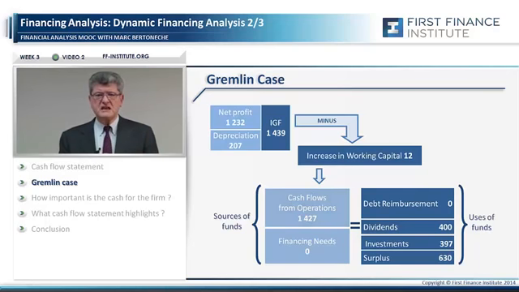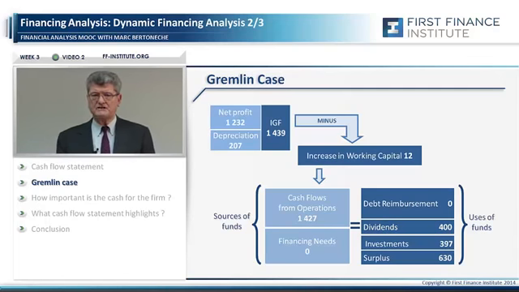Then you see that 397 were spent in capital expenditure, in investment, and 400 were paid in dividends, resulting in a cash outflow of 797.